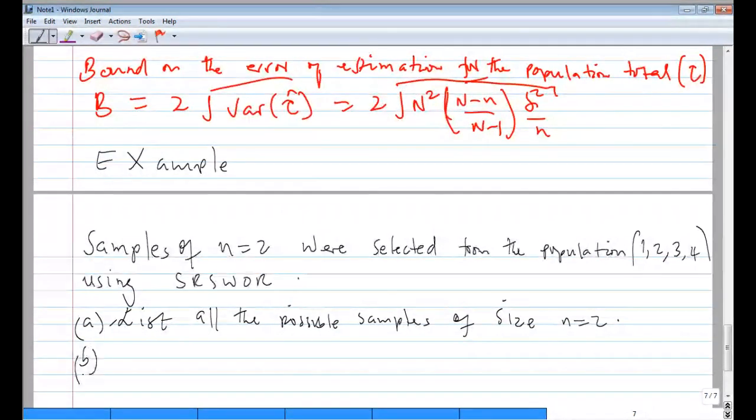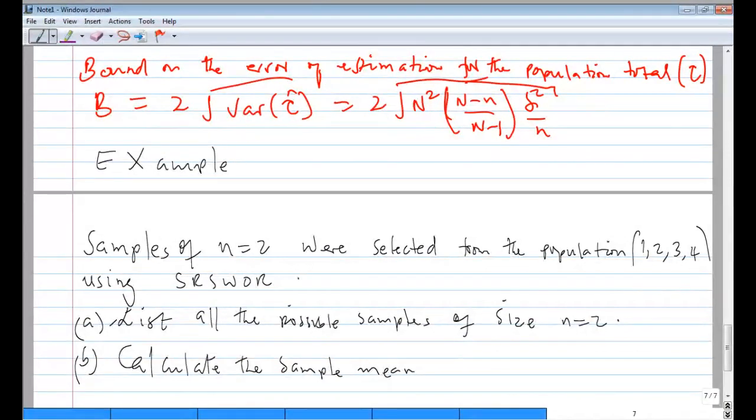B, calculate the sample mean. By sample mean, we are referring to the estimated population mean, isn't it?